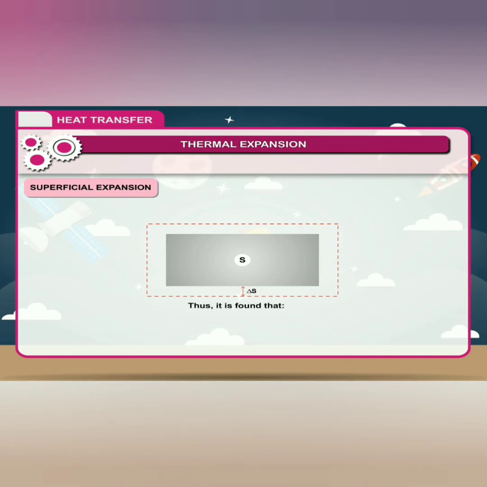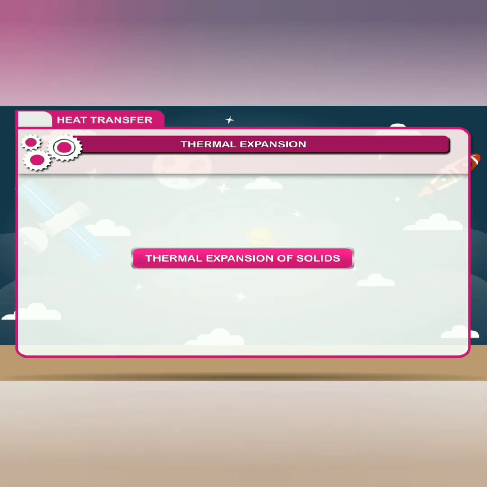Thus, it is found that the increase in surface area is proportional to its original surface area, and the increase in surface area is proportional to the increase in temperature. Therefore, you can say that the increase in surface area is directly proportional to the surface area with the increase in temperature. Now we are going to study thermal expansion of solids.